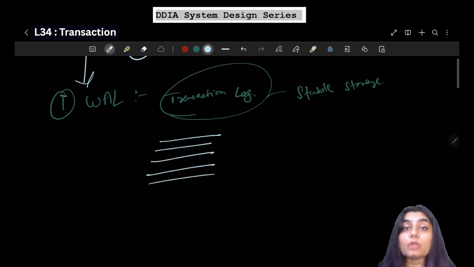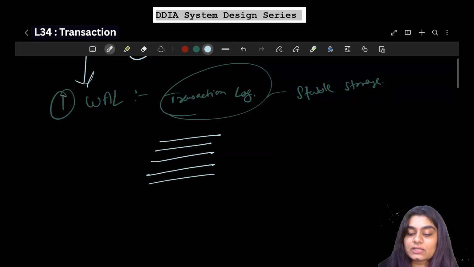By writing to the log first, the database can recover from a crash or restart. The system can replay the log to redo any committed transactions that were not yet applied, or undo the transactions that were not committed but had some changes in progress.